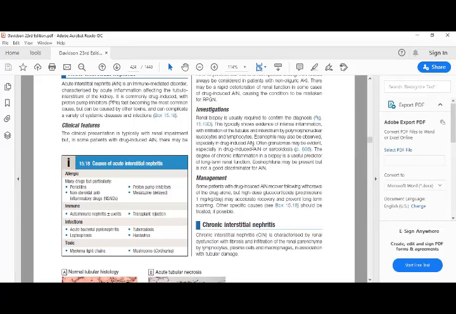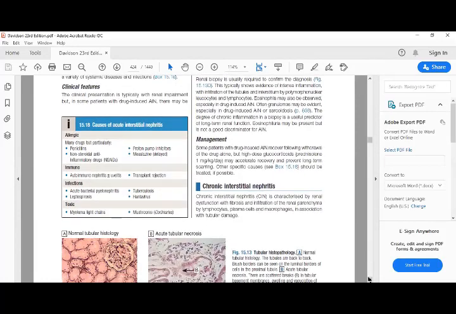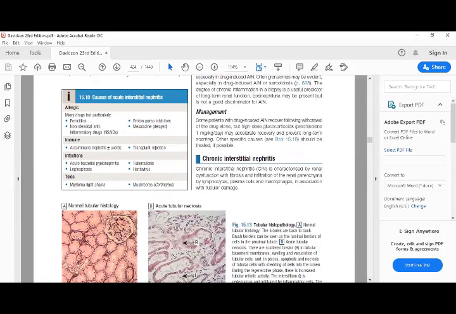Eosinophiluria may be present, but is not a good discriminator for acute interstitial nephritis. The histological picture of normal: these are the renal tubules and the interstitium.